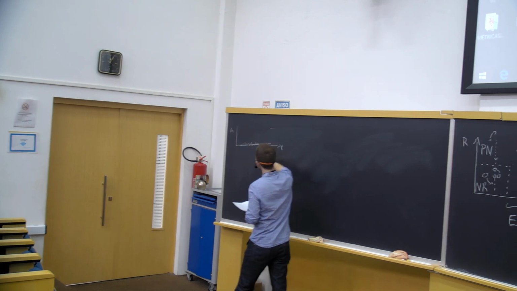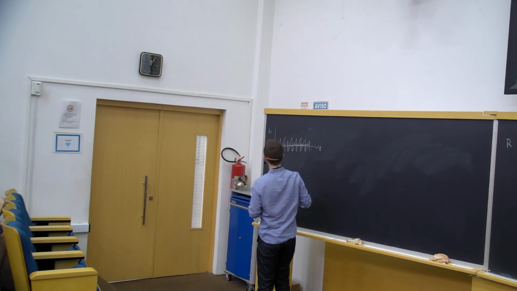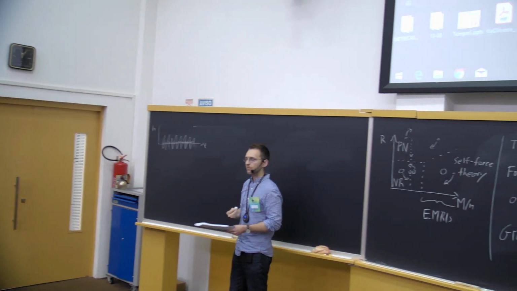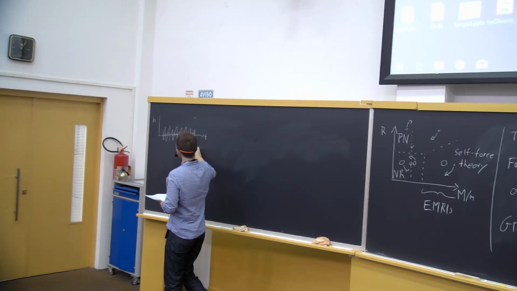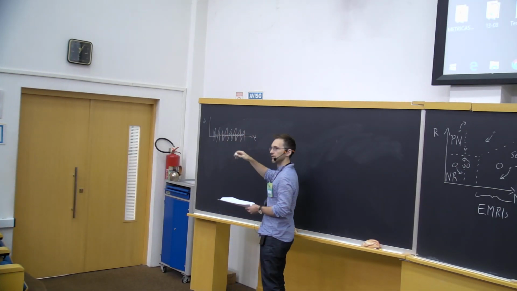So that's the EMRI signal, and it's going to be buried under noise that's actually bigger than the signal. So we need a very accurate model to dig the true signal out from the noise.